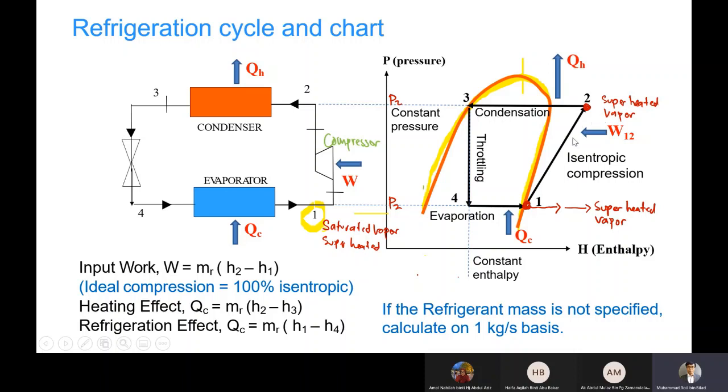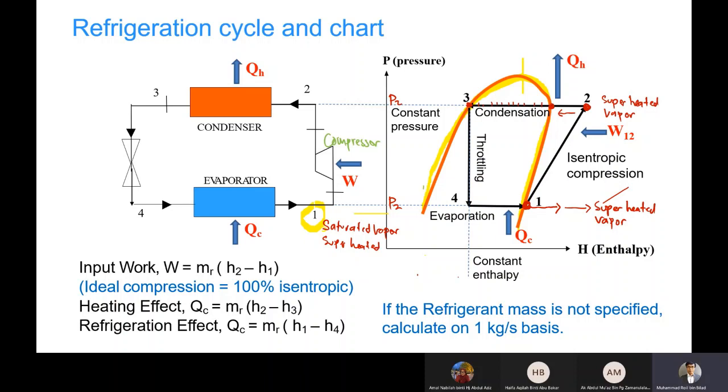Point 2 to point 3 is condensation. Condensation normally refers to this point. What we do here is cool the superheated vapor, bring it to the saturated vapor condition, and then you start to condense it. So part of it becomes liquid, more and more liquid, until all is liquid.